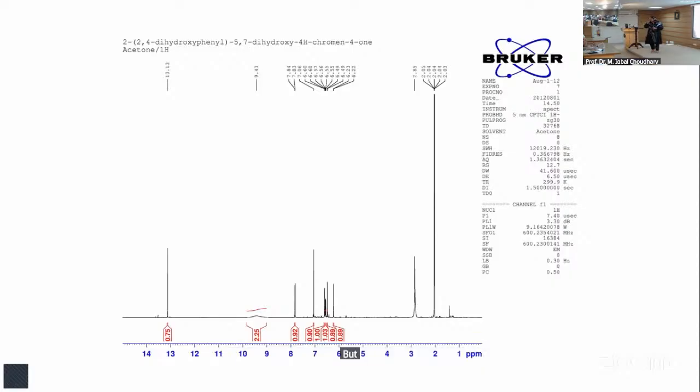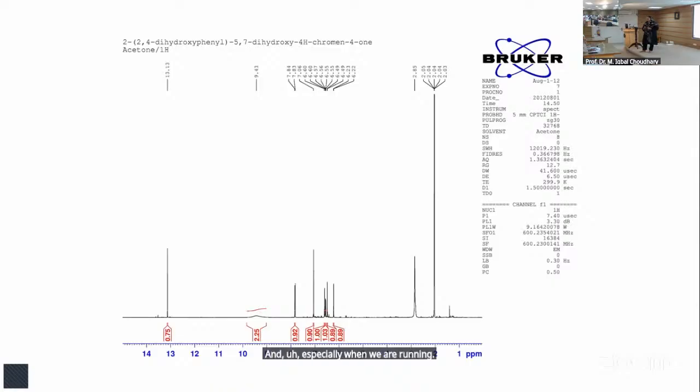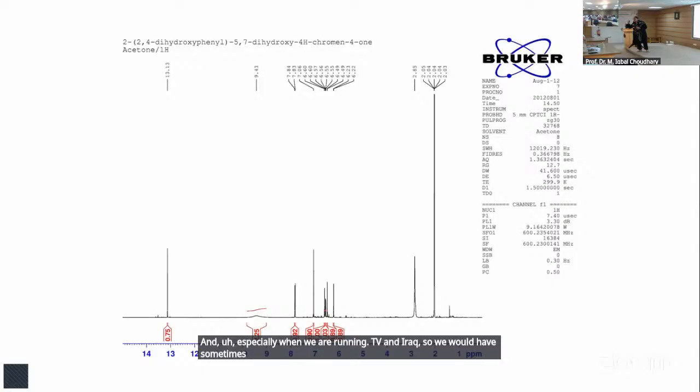But usually when we have a longer NMR experiment, we would like to have some dummy scans, like 8 or 16 or 32. These longer experiments can actually go for days. And specifically when we are running 3D NMR, we sometimes have 64 and 128 dummy scans.